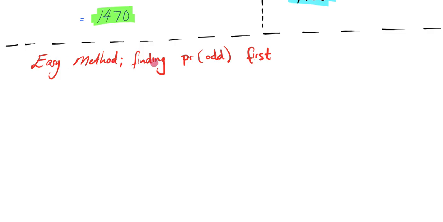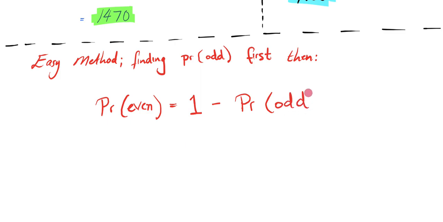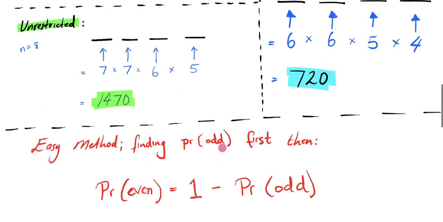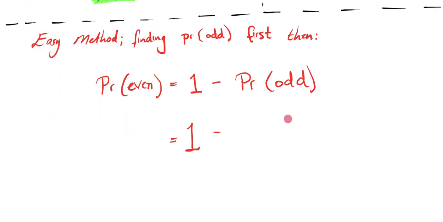First, find the probability of the odd, and then the probability of even is going to equal 1 minus the probability of the odd. You know the probability of the odd is going to be 24 over 49, and that gives you the probability of the even, which is 25 over 49. So that would be the easy way to do it.